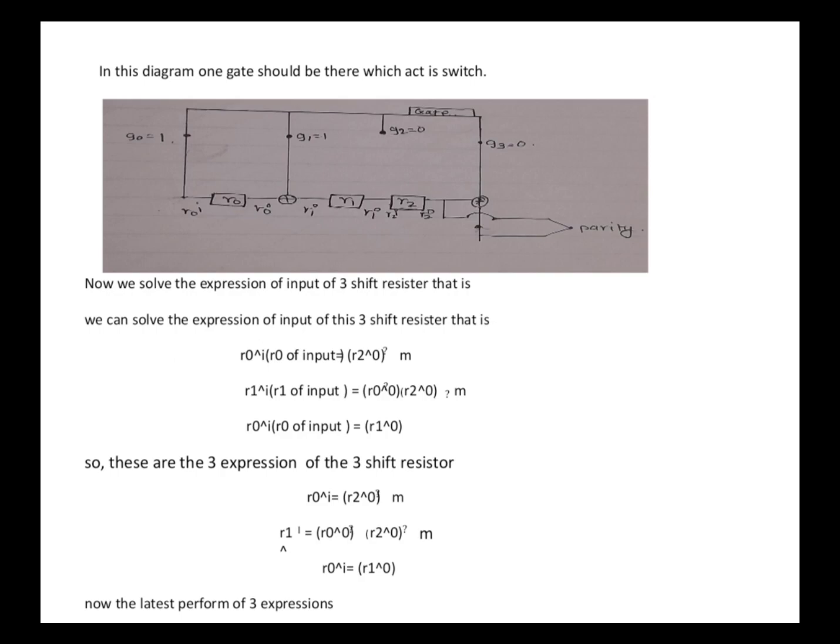Now solve the expressions for the inputs of the 3 shift registers, that is R0 input is equal to R2 output, and R1 input is equal to R0 output, and so on.